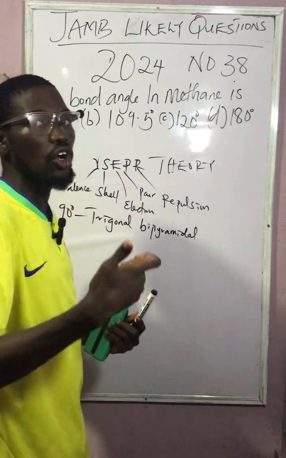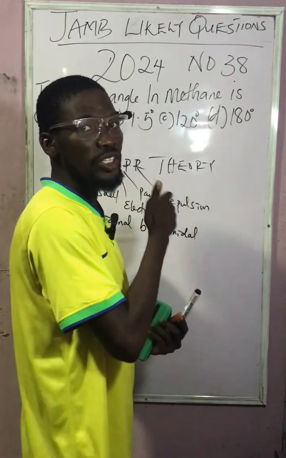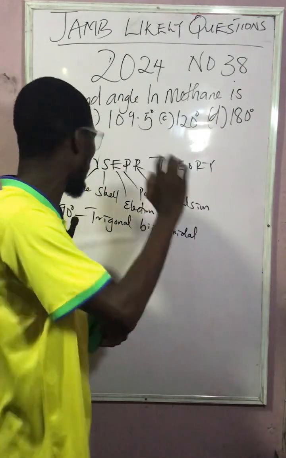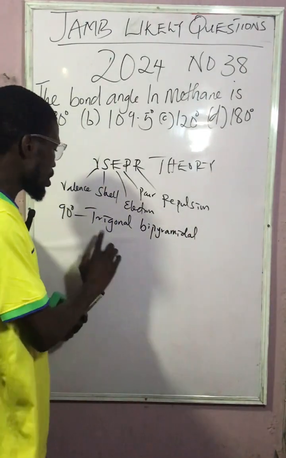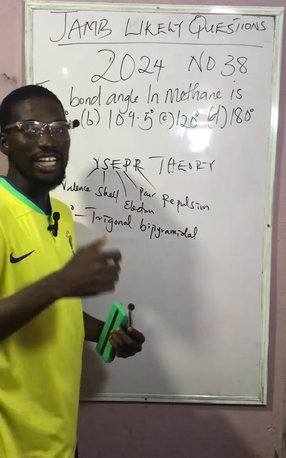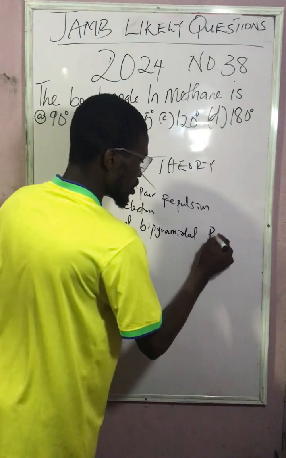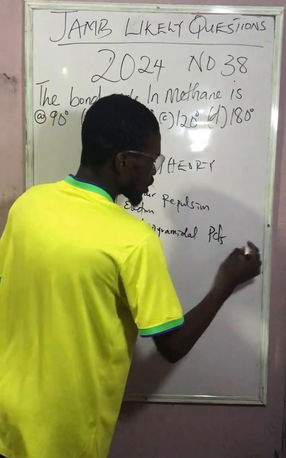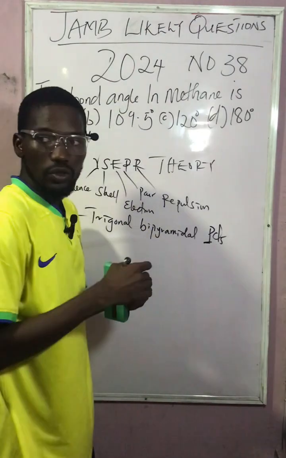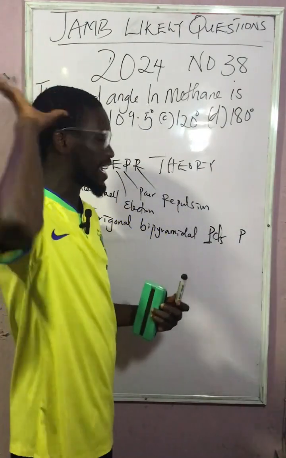Don't forget that Chemistry Core will not come to just pick an answer without explaining. So now we are going to explain each of the options we have there. We are starting with 90 degrees, which is trigonal bipyramidal. An example of this is phosphorus pentachloride, PCl5. Phosphorus will be the central atom, P, and we have 5 chlorines.